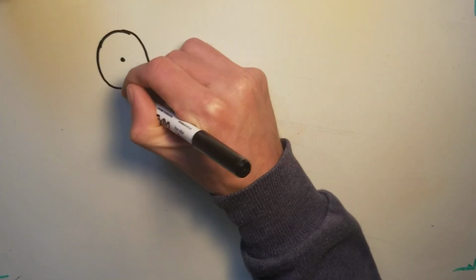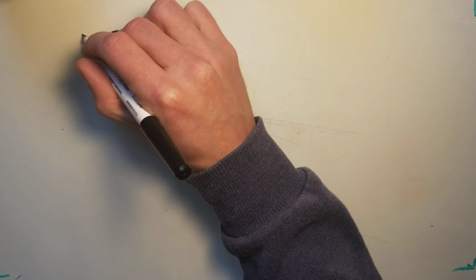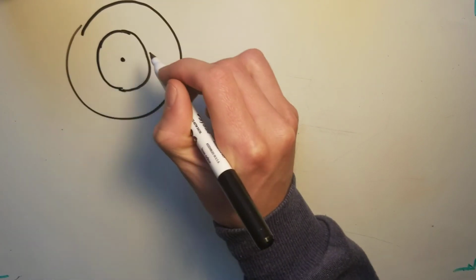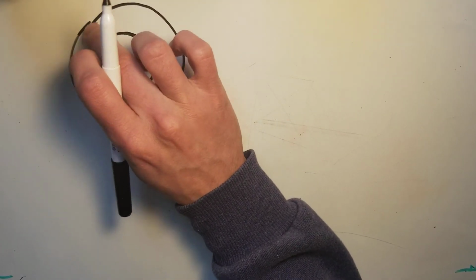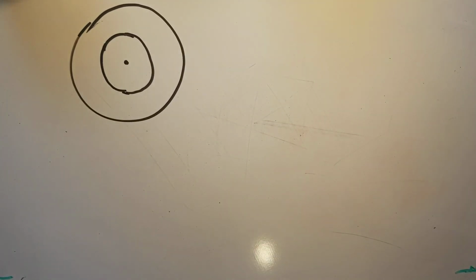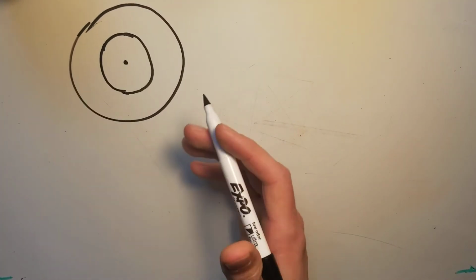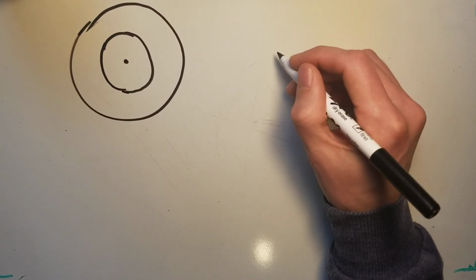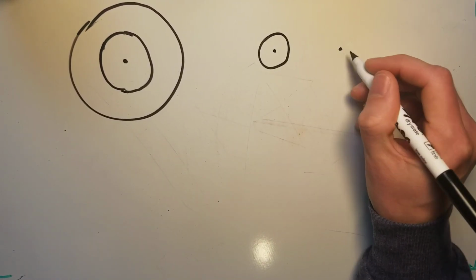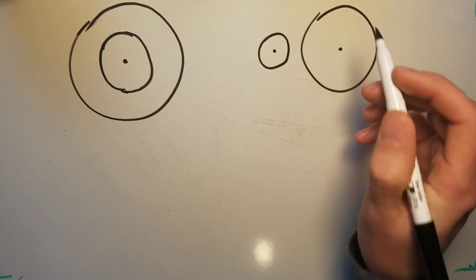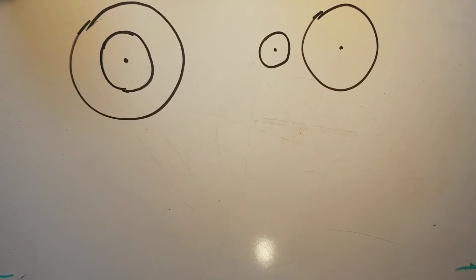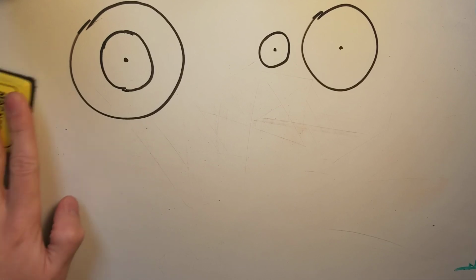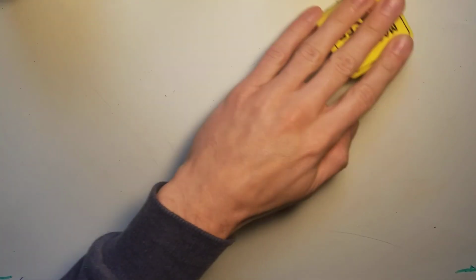One possibility is two circles that don't intersect with one another. Example, two concentric circles. They don't intersect. You also could have two circles that don't intersect that look like this. There's no points of intersection, they're just on their own. So that's the first case, no intersection.